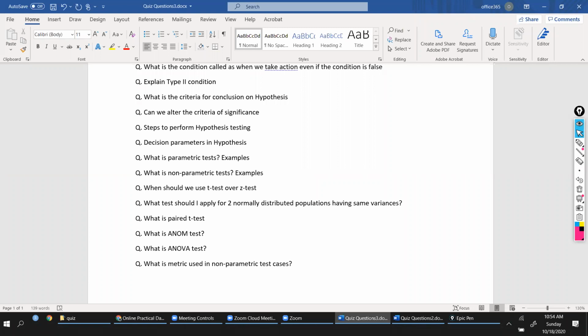What is the underlying assumption, the first assumption that we make for non-parametric test cases?